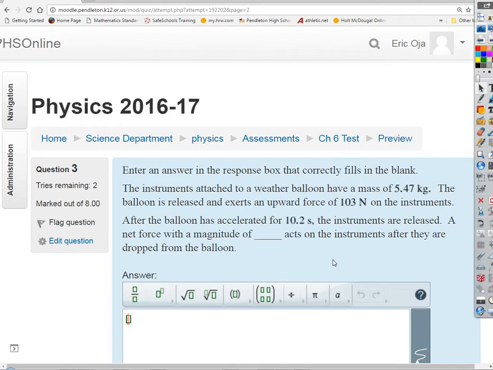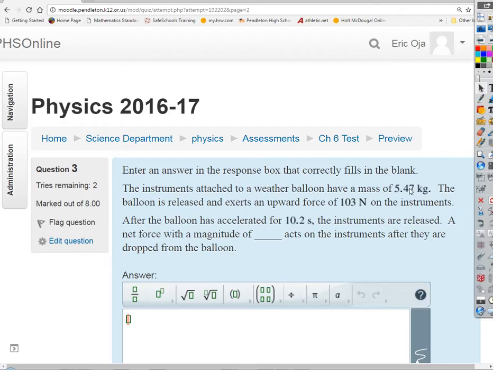But once the instruments are released from the balloon, they're in free fall, right? Now, how many forces remain? One. What is it? Gravity. Yeah, mg, right? So all we got to do is multiply the mass times 9.8. Does that make sense? That's going to give us the only force that's remaining there.